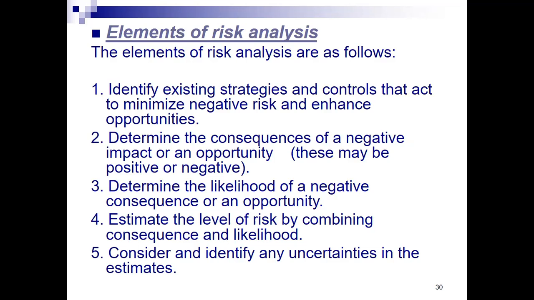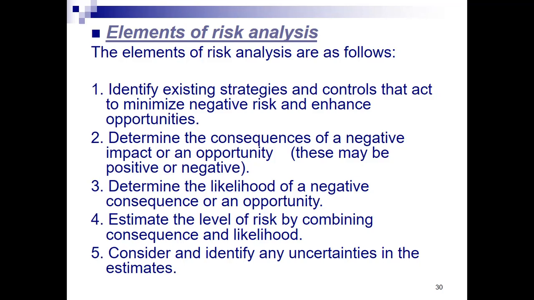What are the elements? We have identify existing strategies and controls that act to minimize negative risk and enhance opportunities. This is a very great point. We want to minimize the negative risks, the chances of negative outcomes, and we focus or enhance the positive aspects, which are the opportunities. Then determine the consequences of a negative impact or an opportunity.